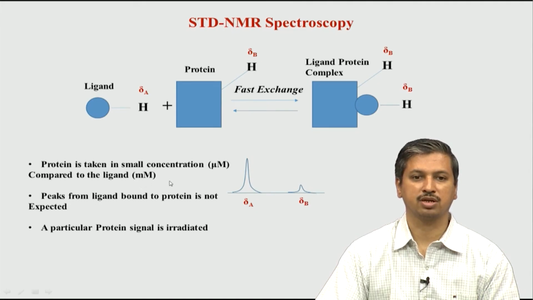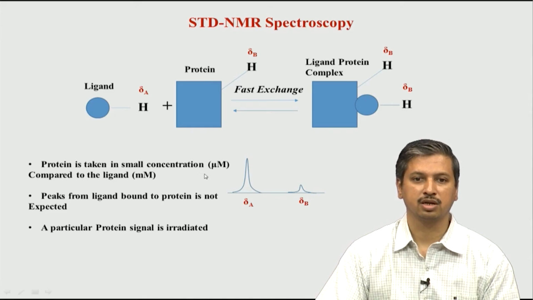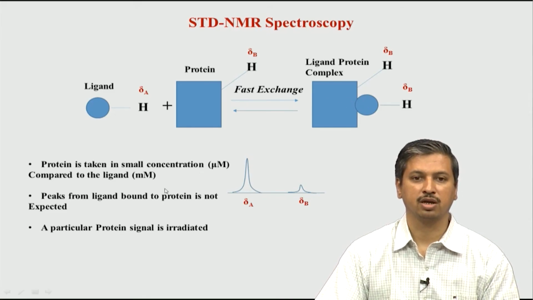Because remember there is a difference of 100-fold. Whatever ligand binds to the protein will be in the micromolar concentration regime, assuming 1:1 binding. If one molecule binds to one molecule of protein, there will be 1000 times or 100 times less concentration of the ligand in the bound form. So, we do not expect to see any of the bound form.